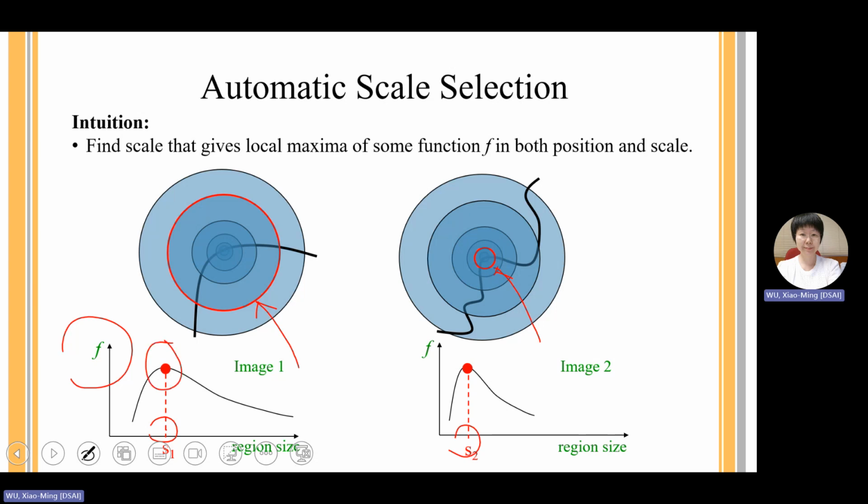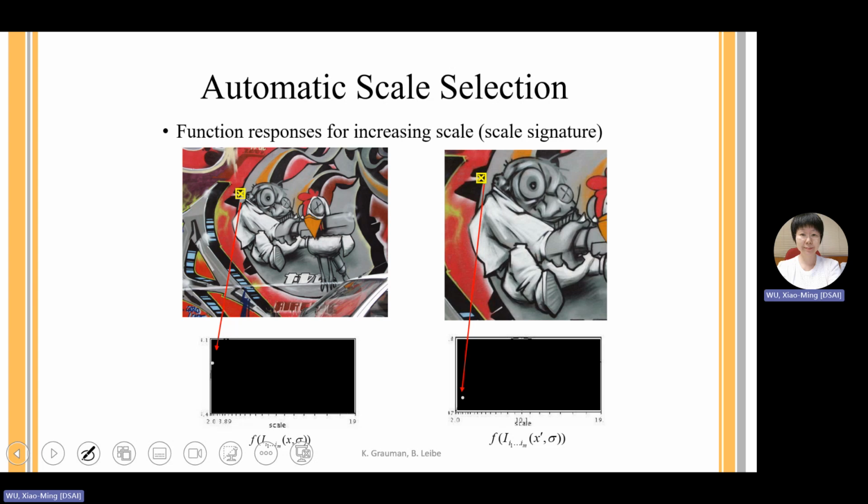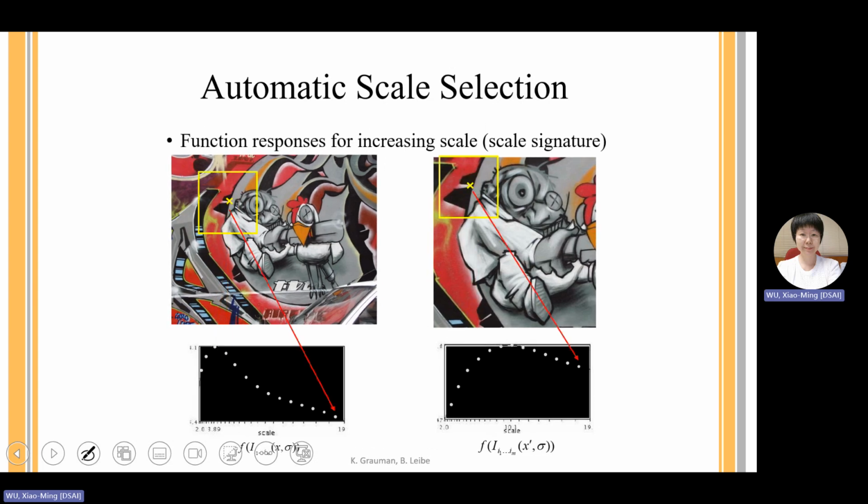When the size of the window is the best fit for the corner, then you will achieve maximum response. Similarly, for this window, if its size is the most appropriate for this small corner, then you will get maximum response. So this can achieve automatic scale selection.